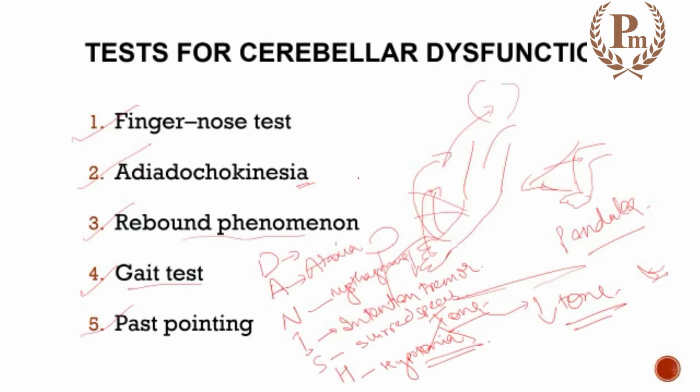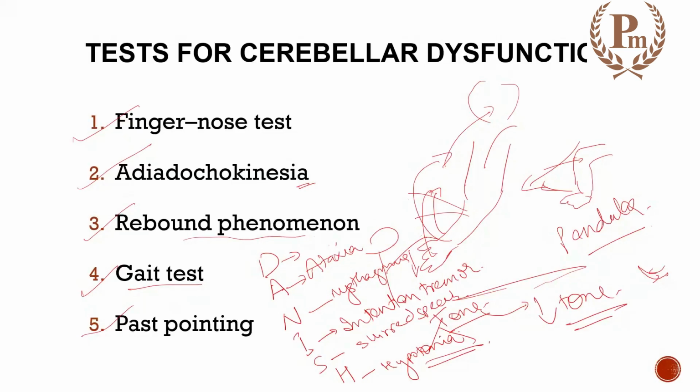So if you want to remember what the main features are that you have to see for cerebellar examination, and then conclude that there is cerebellar dysfunction, you might have to do all these tests, and from these tests or a few more, just remember this: the DANISH.